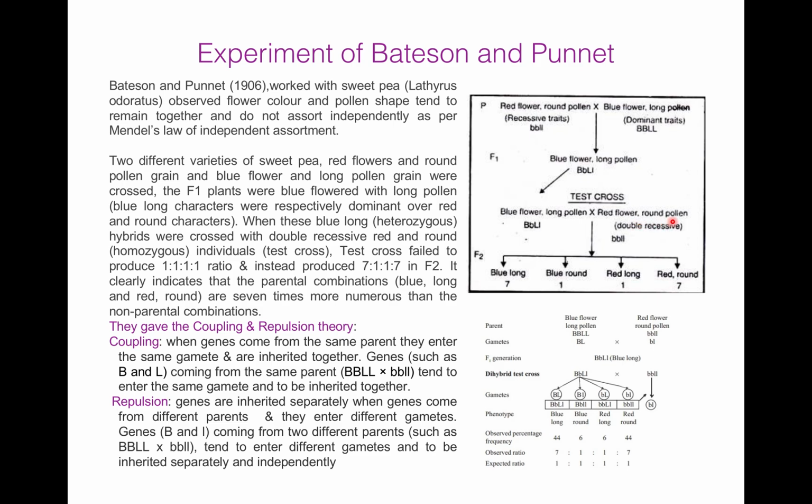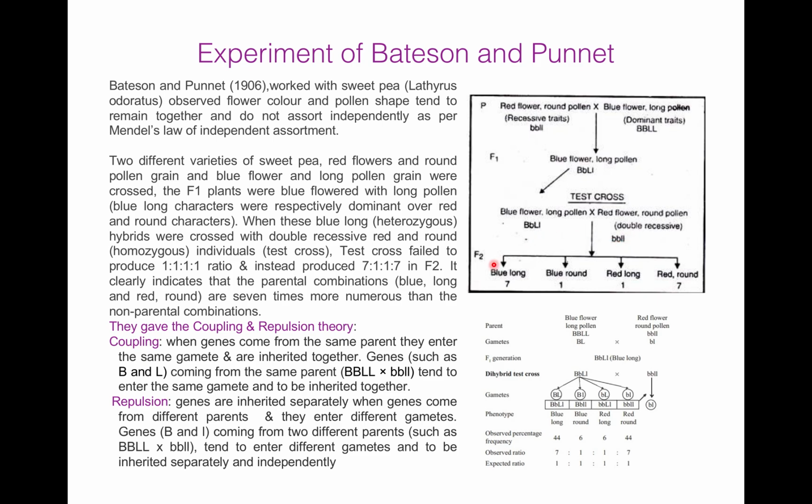This is the F1, capital B, small b, capital L and small l. And this is the double recessive, red flower and round pollen. Red color is a recessive trait, and round pollen is also a recessive trait. So both are recessive: small b, small b, small l and small l.